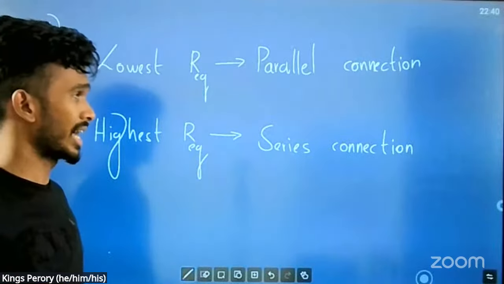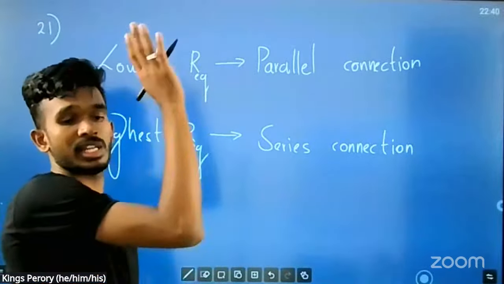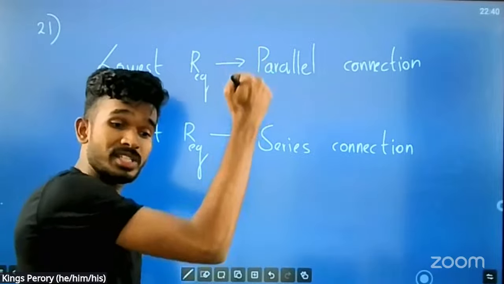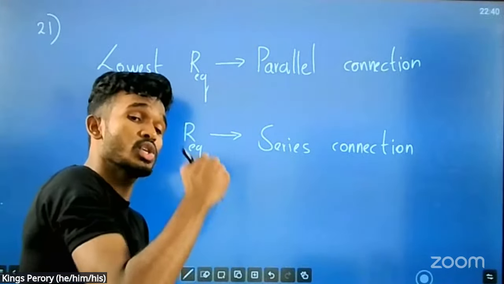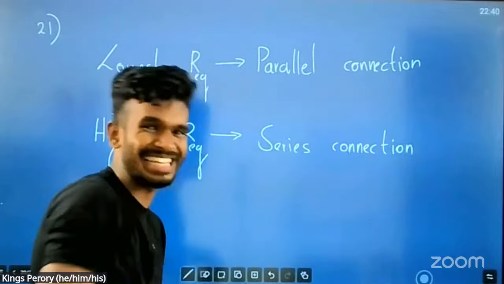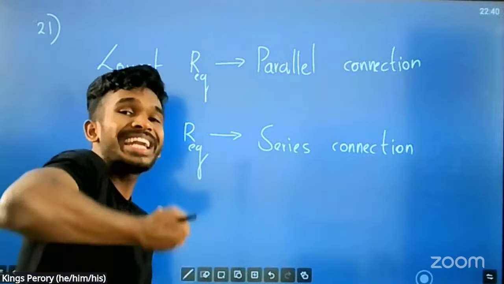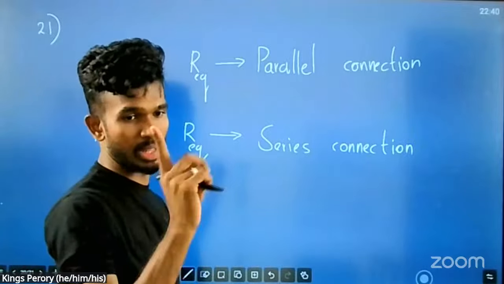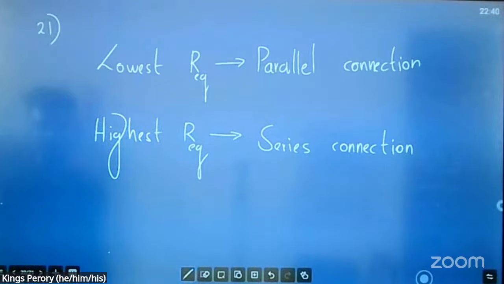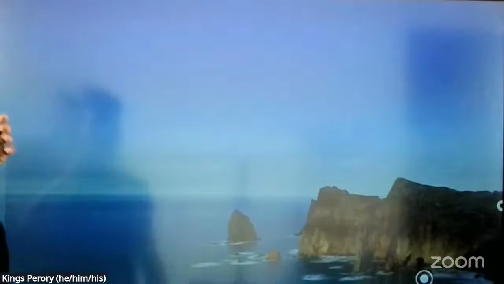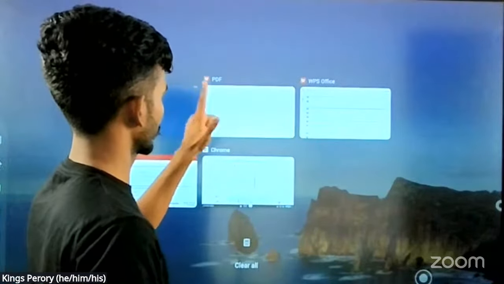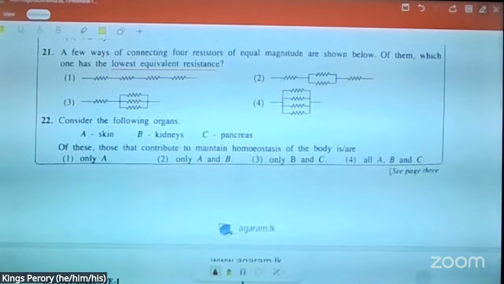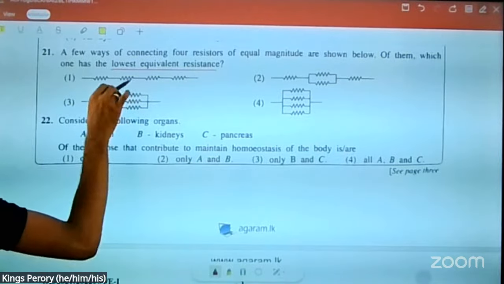As much as you connect the resistors in parallel, as much as you can reduce the resistance. As much as you connect the resistors in series, as much as you can increase the resistance. Keep that shortcut in mind. So one shot, tell me what's the answer. They're asking lowest resistance. Series, wrong.